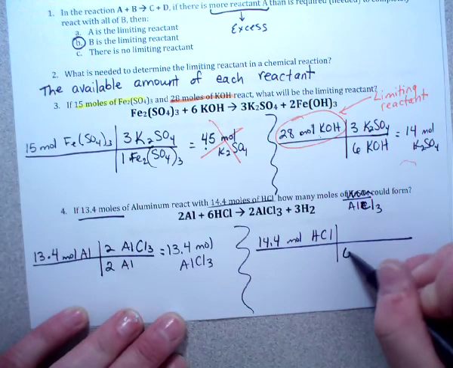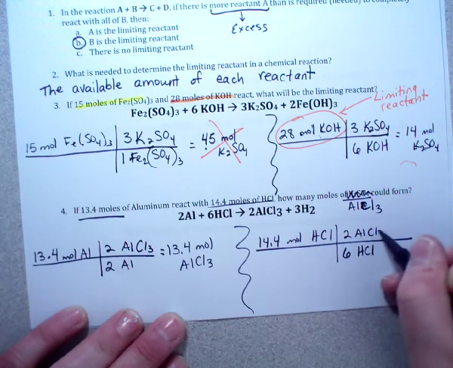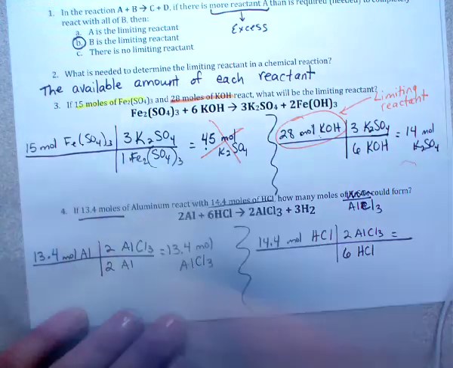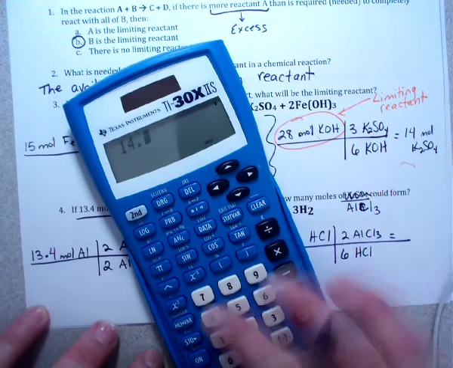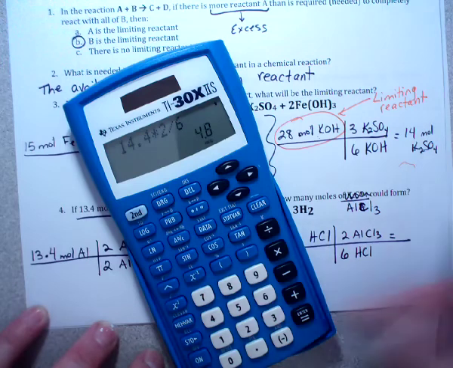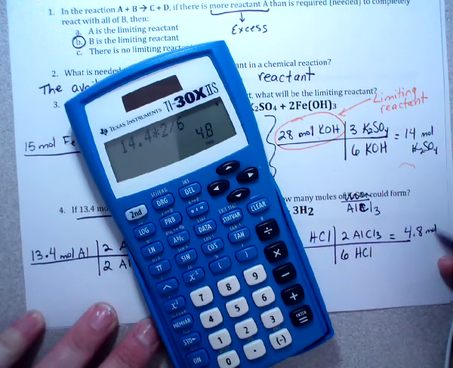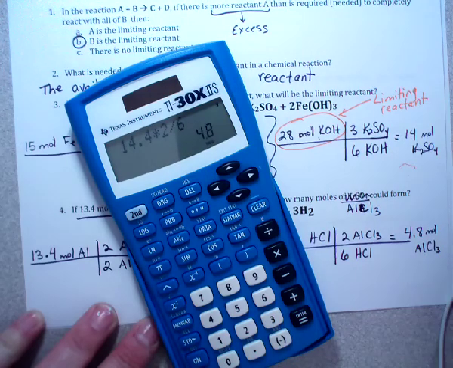There are 6 HCl for every 2 aluminum chloride. So 14.4 times 2 divided by 6 gets me 4.8 moles of aluminum chloride.